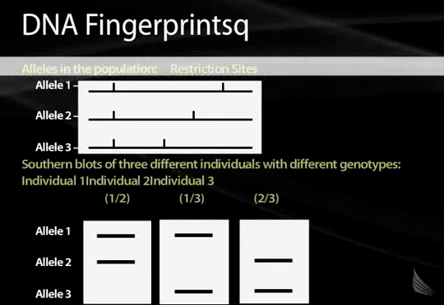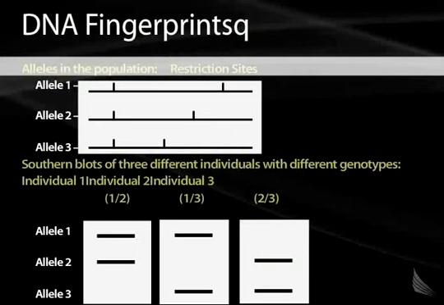Let's say we have 3 different alleles with 3 different restriction endonuclease patterns in a population. So allele 1 has 2 restriction sites that are quite a distance from each other and produce a long fragment. Allele 2 has restriction sites that are a little bit closer to each other, producing a medium-sized fragment. And in allele 3, we have the 2 restriction sites closer to each other, producing a small fragment.